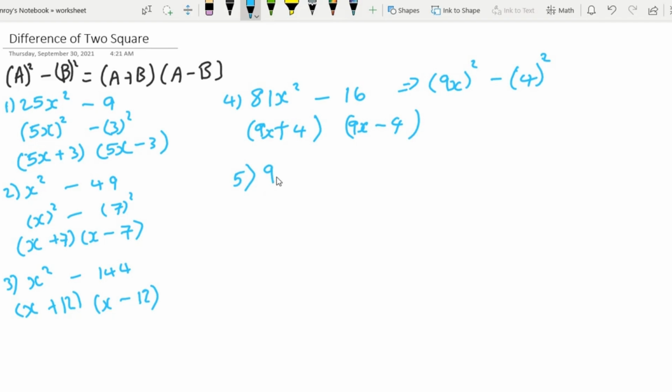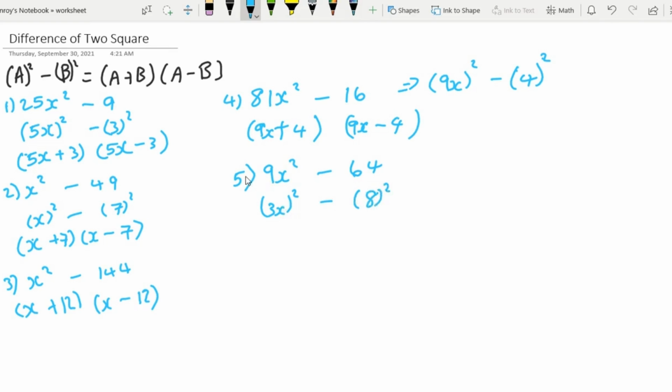So another example right here, 9x squared minus 64. Let's write this one. Now the number multiplied by itself to give us 9 is 3. And x squared, the square root is x. 64, we know this to be 8 squared.